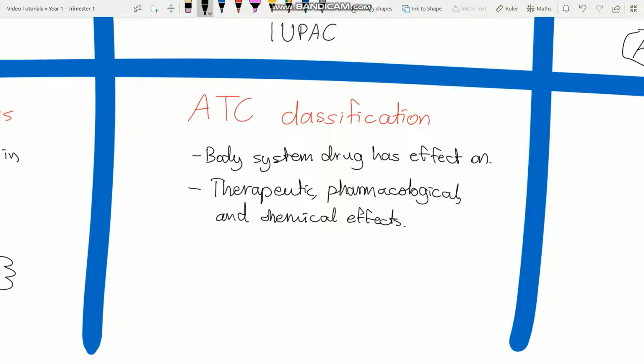Diazepam, if we take this as an example once again, acts upon the nervous system, specifically the brain. So, the ATC classification will be that the body system that it acts upon is the brain.